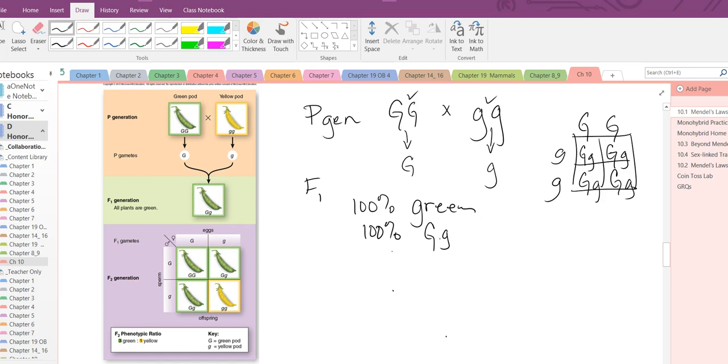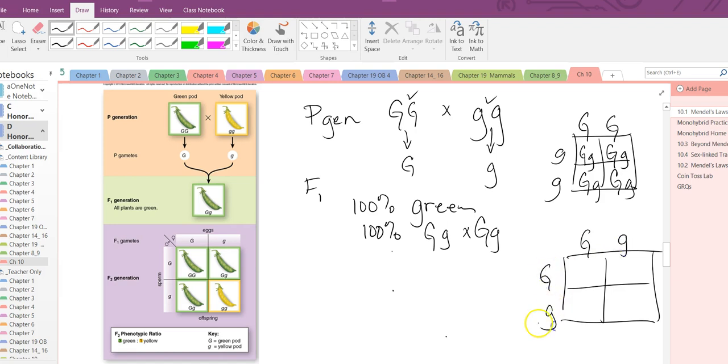All right. So what's going to happen if we take these and let them self-pollinate? That's like letting them reproduce by themselves or with themselves. So now we make a new Punnett square for the F2 generation. That's going to give us these results. And in the F2, we see we've got big G, big G, big G, little g, big G, little g, and little g, little g.